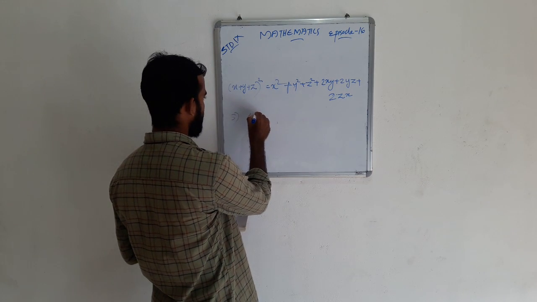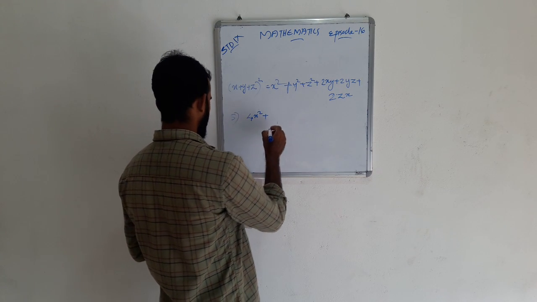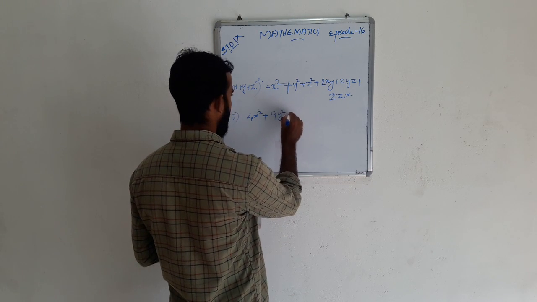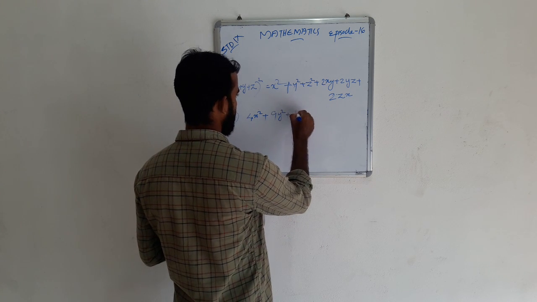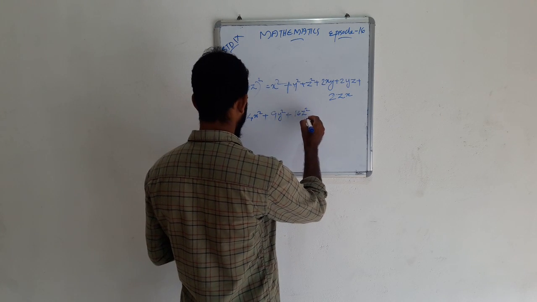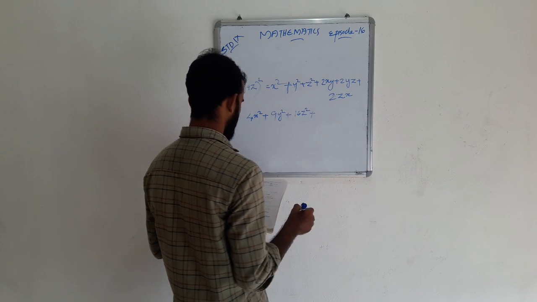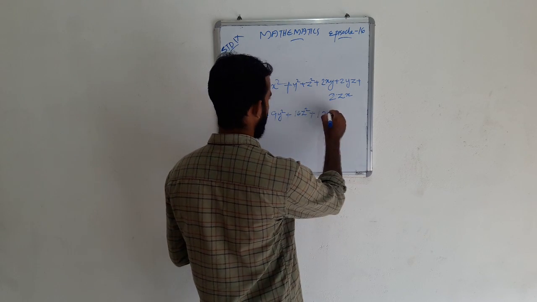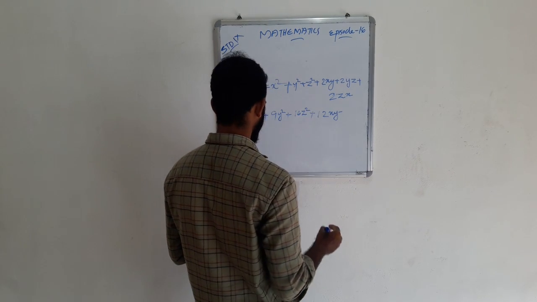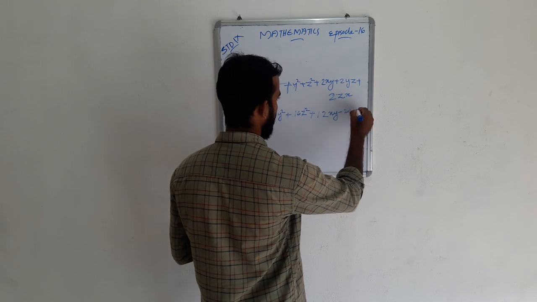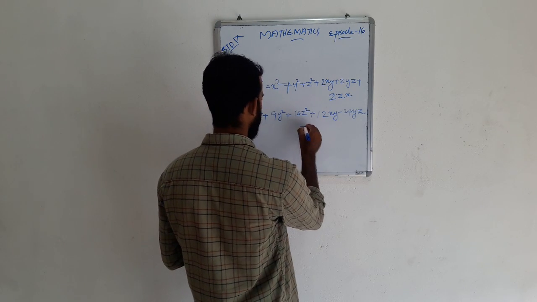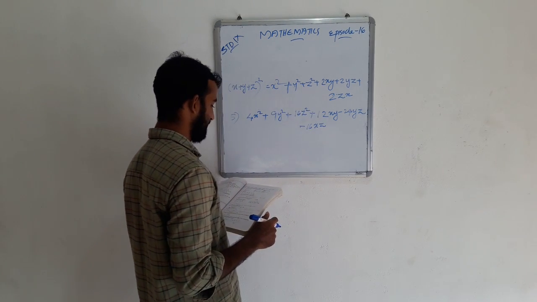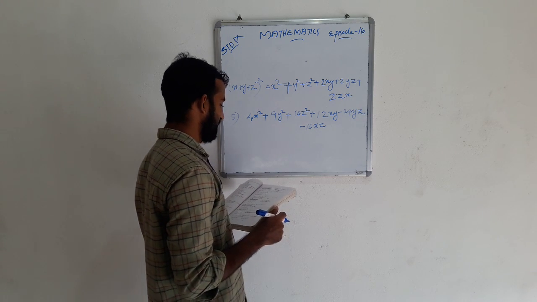That is 4x square plus 9y square plus 16z square plus 12xy minus 24yz minus 16xz.